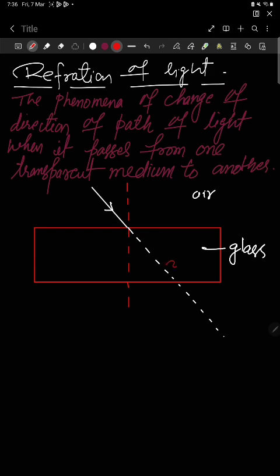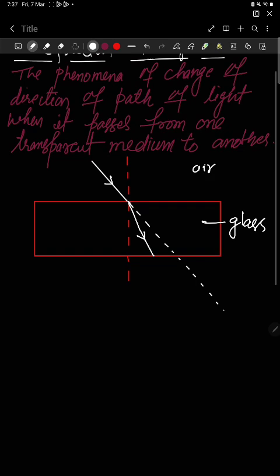Instead of going in a straight line, it will go like this. So this one is the deviation of path of the light ray. This type of phenomenon is called refraction of light.